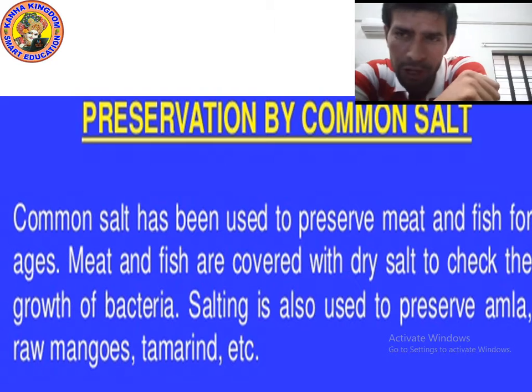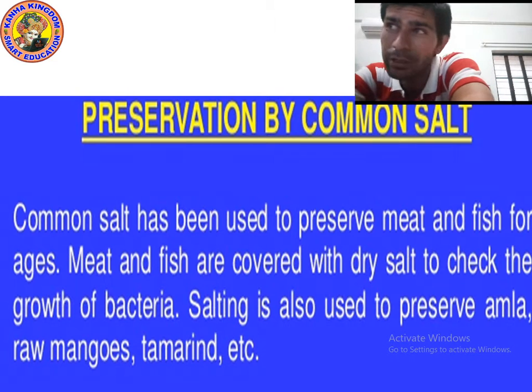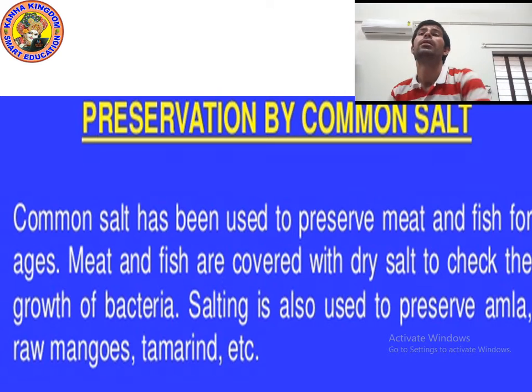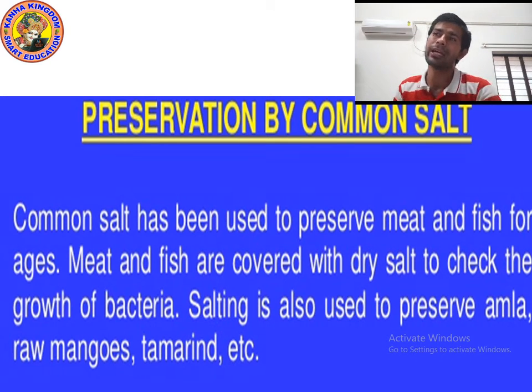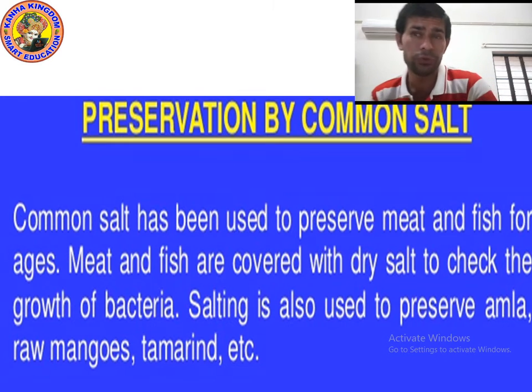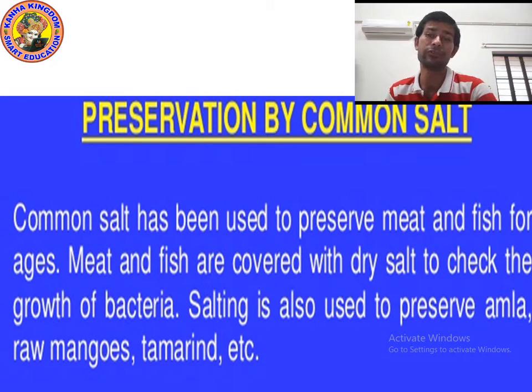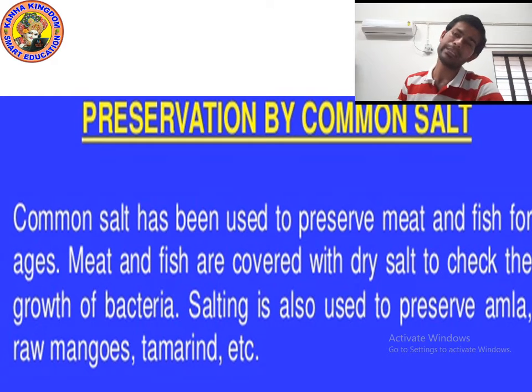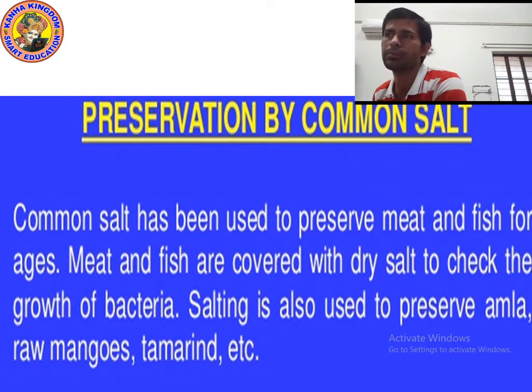In non-veg restaurants, salt is used to protect meat and fish. Meat and fish are covered with dry salt to check the growth of bacteria. We cover them with salt to stop the growth of bacteria.